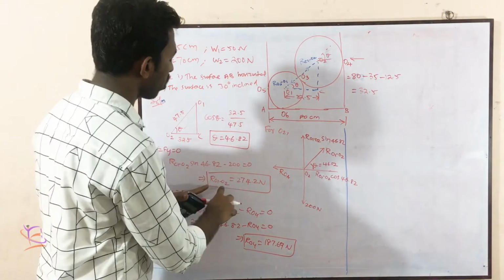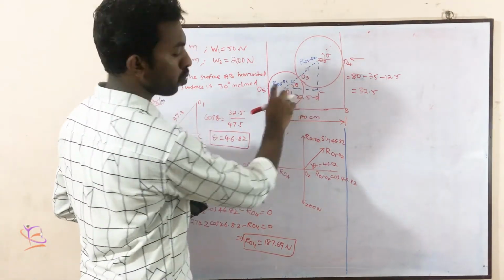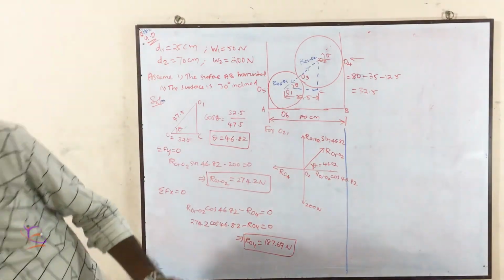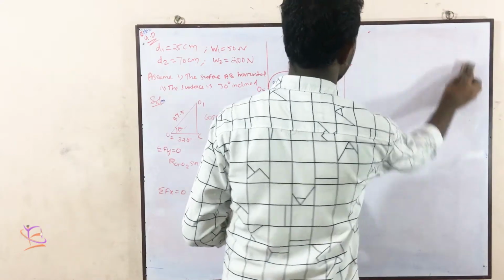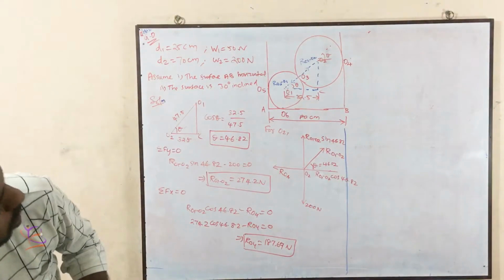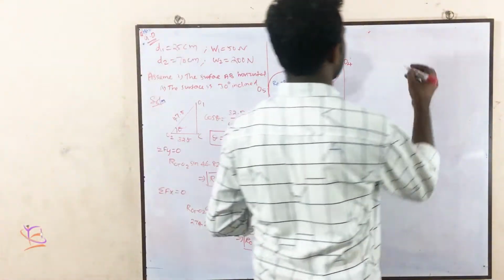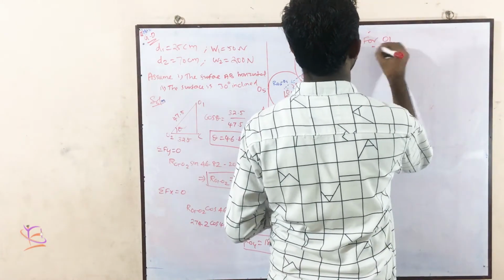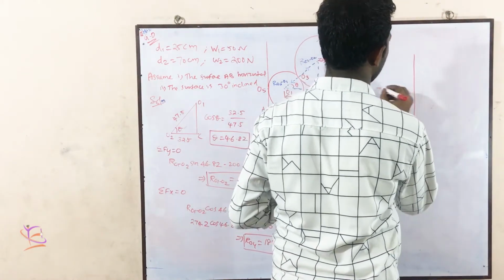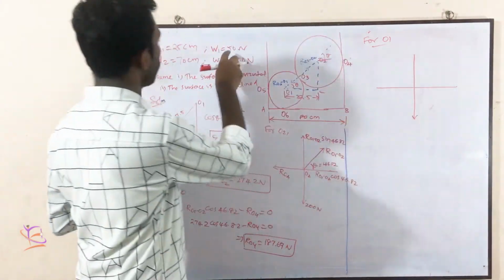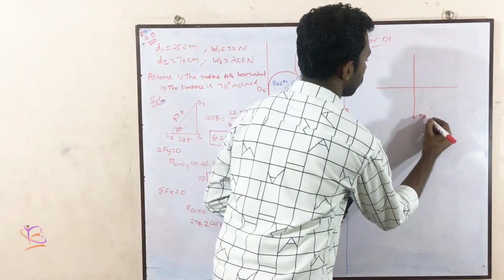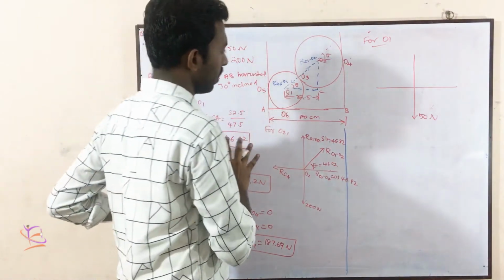Now we know that R O1 O2 is equal to R O2 O1. When you are drawing the free body diagram for the next circle, O1, you have to note it. So for O1, first the self weight of O1 is 50 Newton. This cylinder is over.